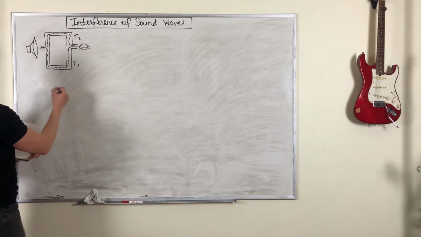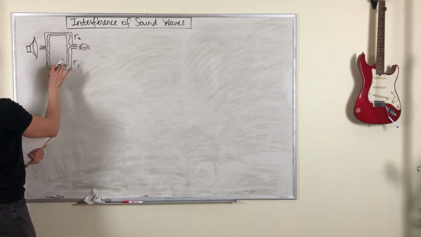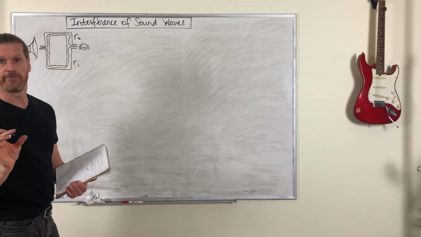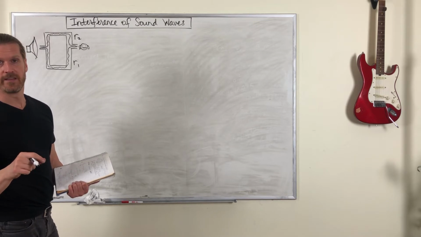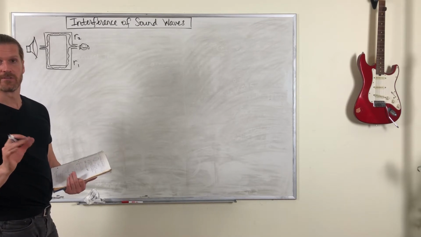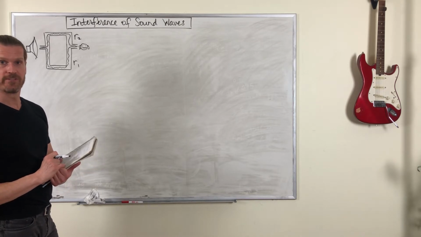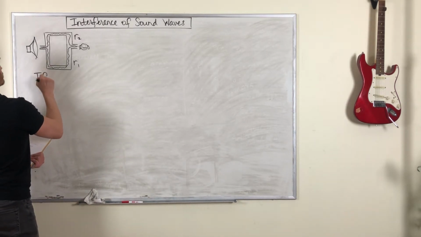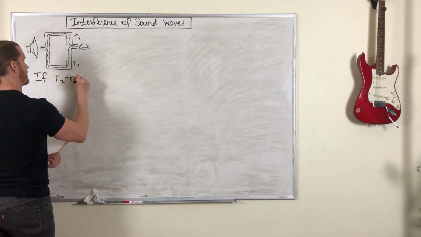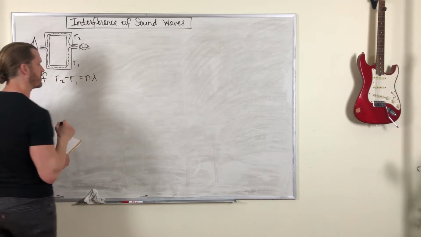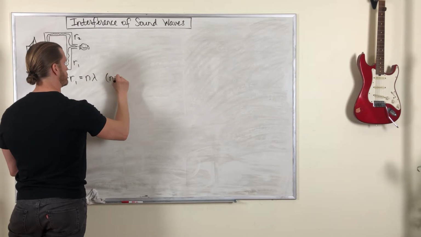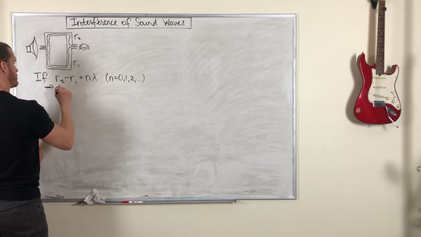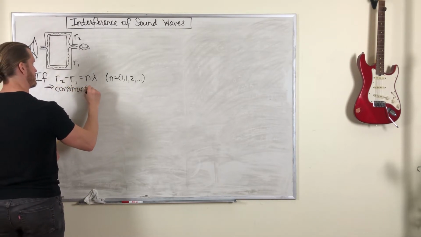Now, if the lengths differ by a full wavelength, then the sound will constructively interfere with itself. The sound waves will be in phase by the time they reach the listener. So if the difference in lengths is an integer number of wavelengths, then you have constructive interference.